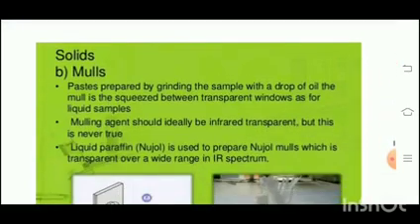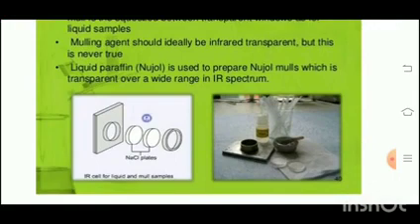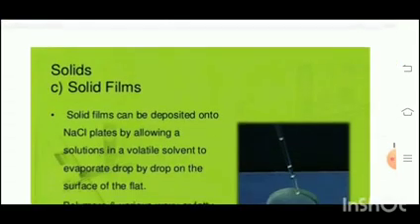For solid samples, there is another technique called the mull technique. Here, mineral oil like liquid paraffin or Nujol oil is mixed with the sample, and this Nujol oil mixed sample is called a mull. The mulls are used for analysis.